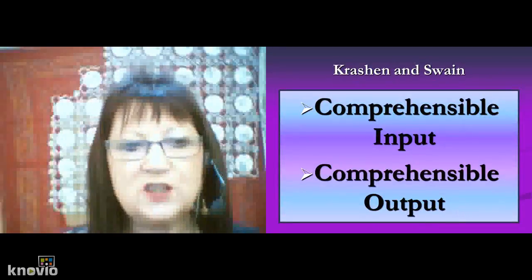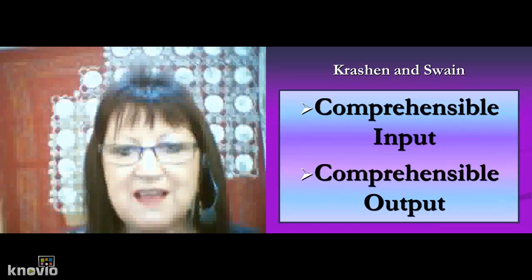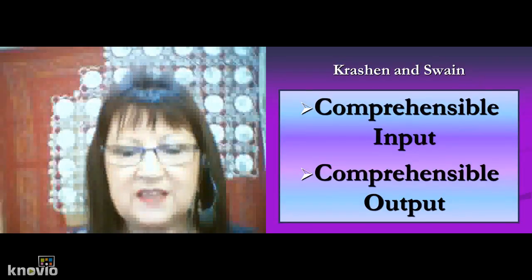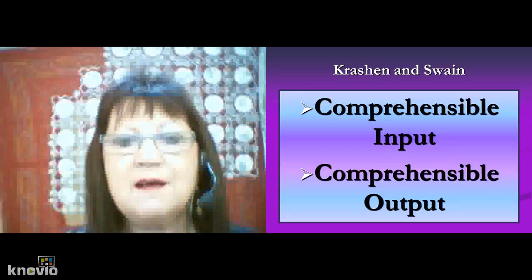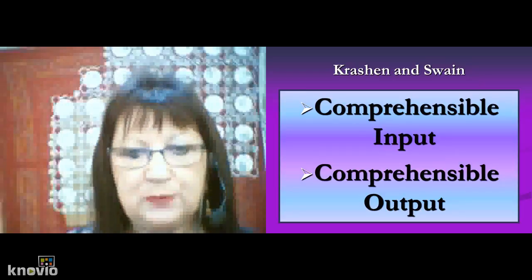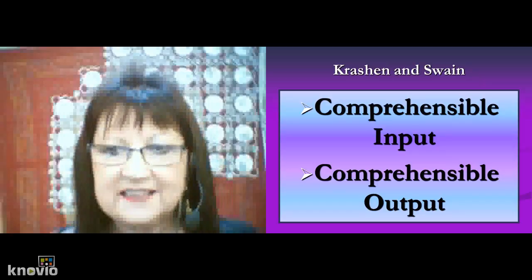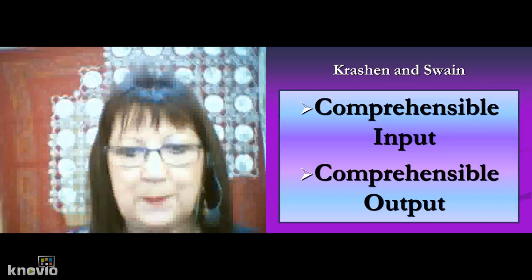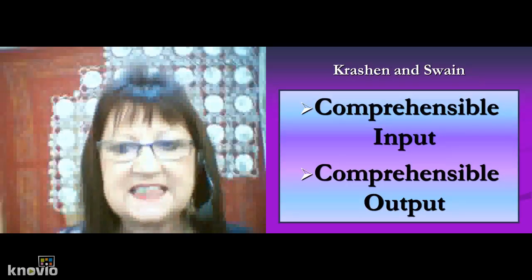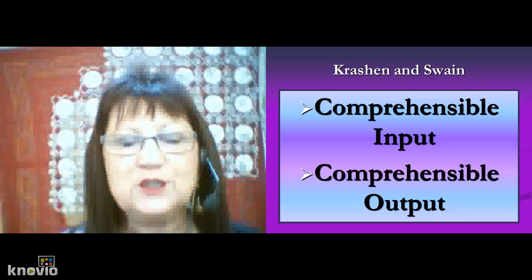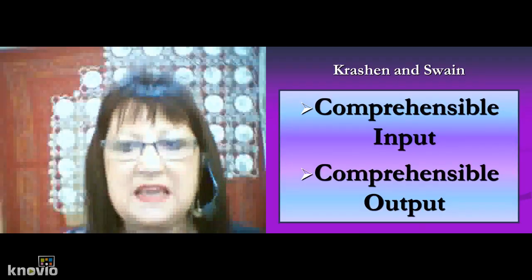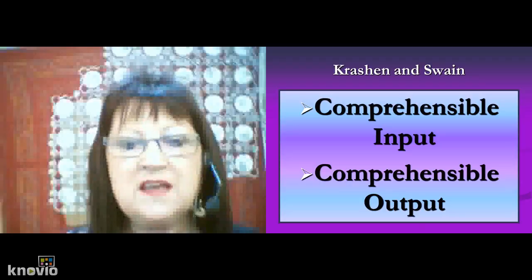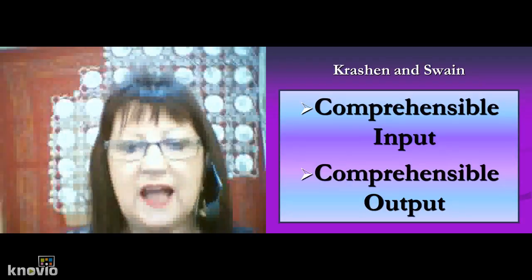We're working on Krashen's comprehensible input and Merrill Swain's comprehensible output. Krashen says that the teacher must use comprehensible input slightly higher than what the student can understand at this precise moment in time. And Merrill Swain adds to that and says that students can only learn to speak English and to communicate in English if we give them time and space for comprehensible output.